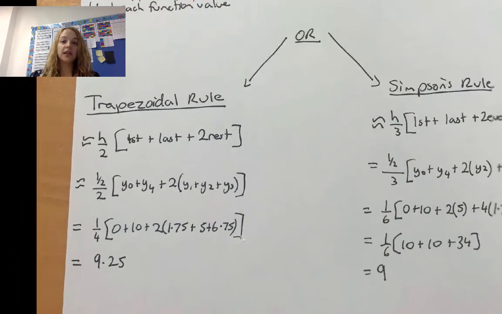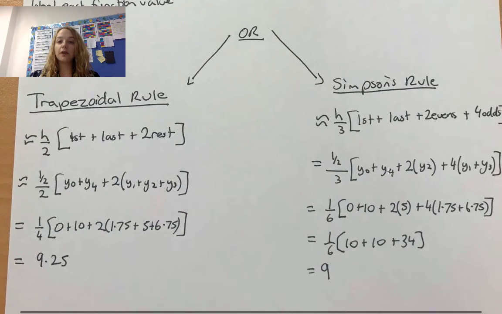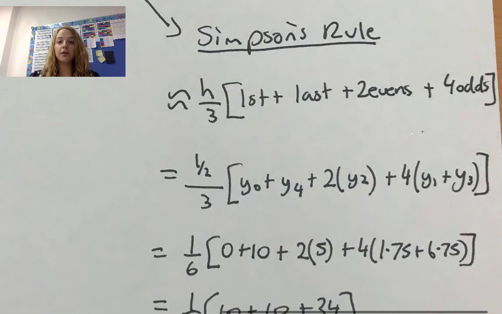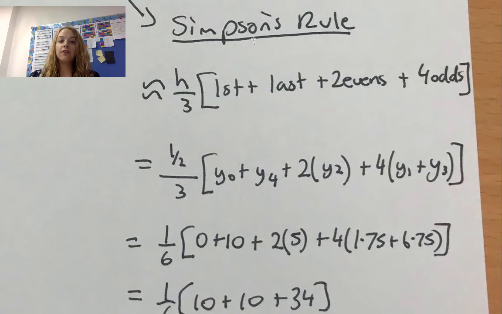The other option is that you use Simpson's rule. Again, this is the generalized formula for it: h over 3, first plus the last, plus 2 times the evens, plus 4 times the odds. Your height is the same, it's 1/2, the distance between each function value, divided by 3.